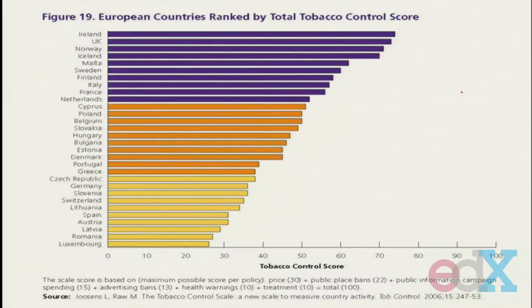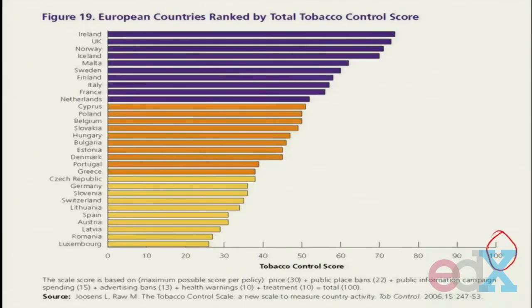Here are some bar charts displaying how European countries were ranked by total tobacco control score. The score adds up to 100, and each country is judged by how much they're doing in trying to achieve tobacco control.